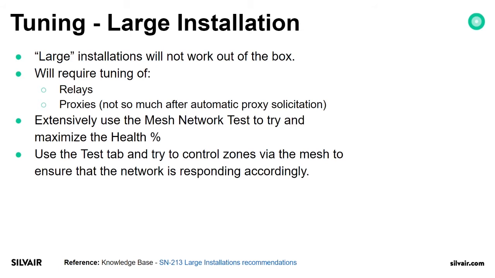Sometimes you will need to add some additional device to better connect with some orphaned nodes far away from the closest relay. Always use the test tab and try to control zones via the mesh to ensure that the network is responding accordingly.